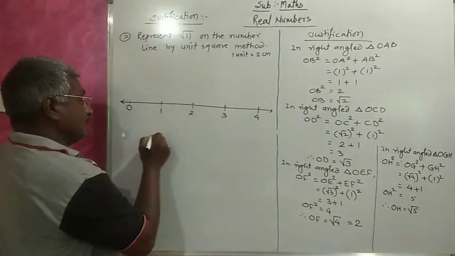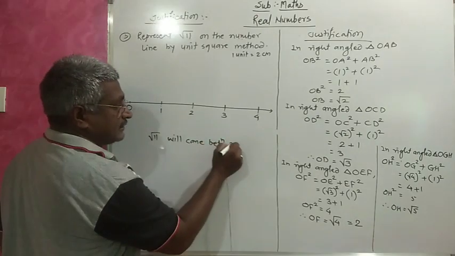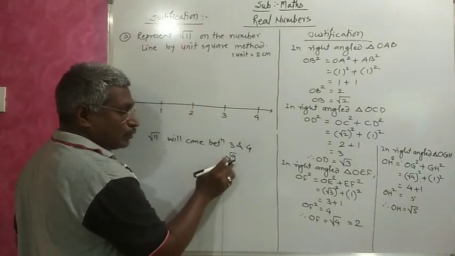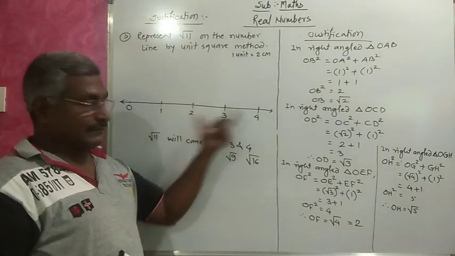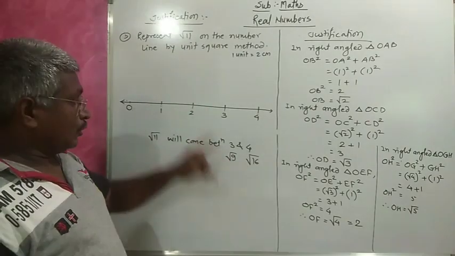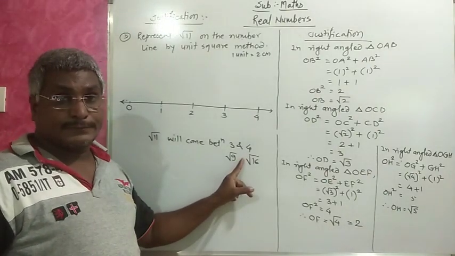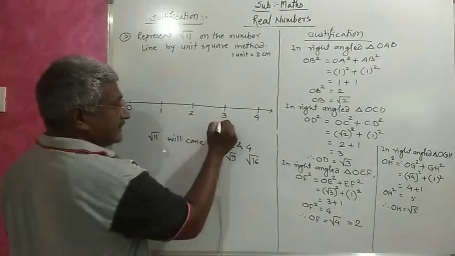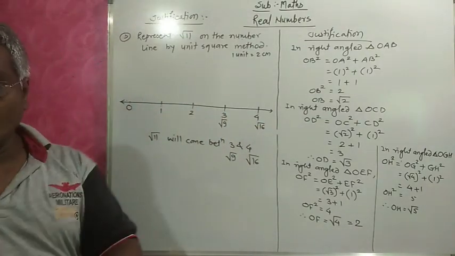How does it come? Square root of 9 is 3 and square root of 16 is 4. So in between these two numbers root 11 will come, greater than root 9 and smaller than root 16. Now we have decided where it will come, between 3 and 4. So 3 means root 9, and 4 means root 16.